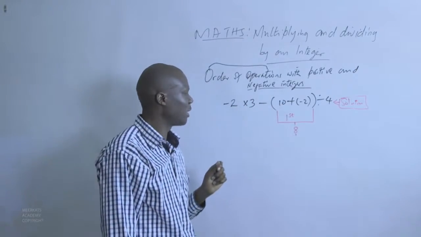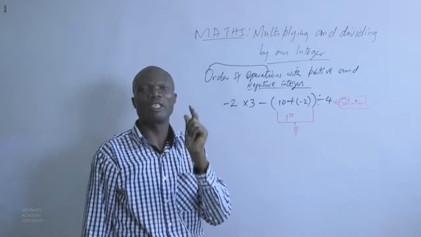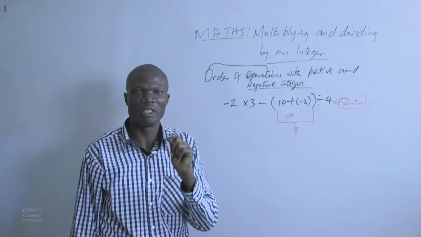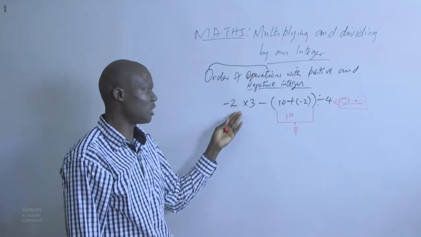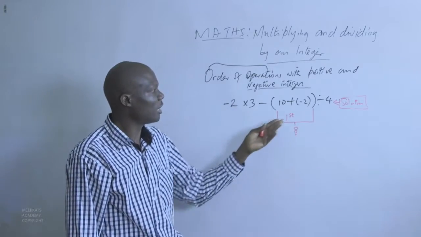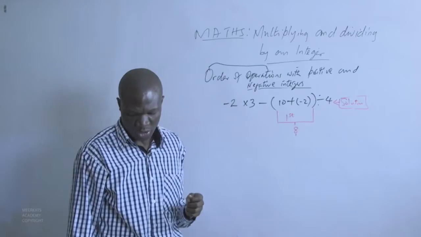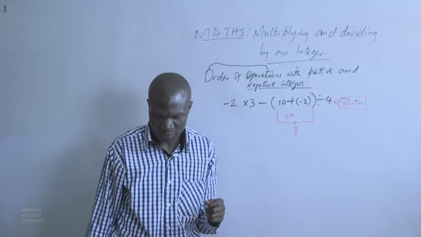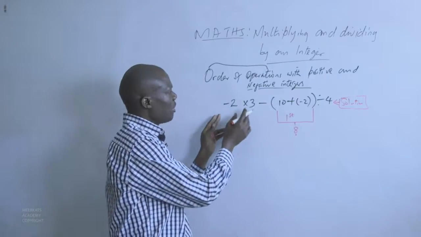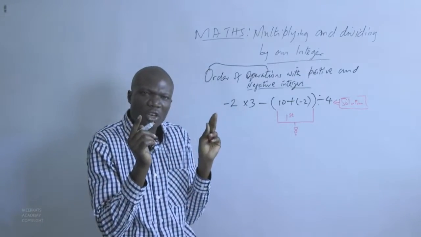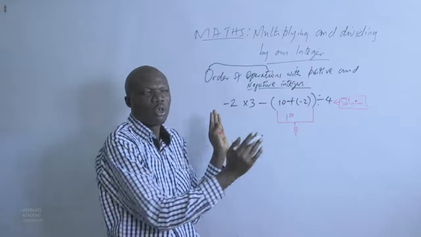Then, do we have either multiplication or a division? Yes, negative 2 times 3 is here, and we have a division on the other side. So what follows? We shall come to division or multiplication, but the rule says to start from the left.